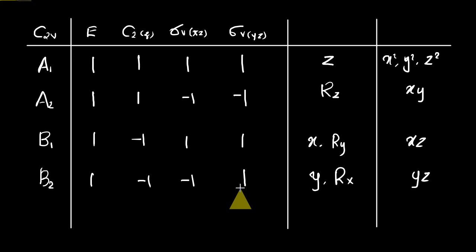Let me write it here with another color. A1 B1 B2, that is 1 1 1, equal to 1. Then 1 minus 1 minus 1, that is 1.